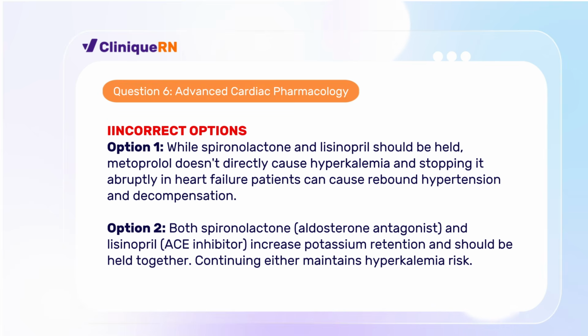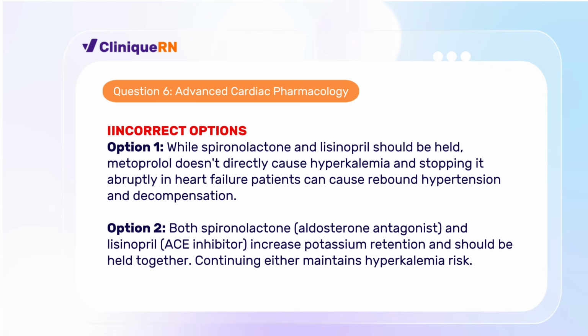Why are other options incorrect? Option 1. While spironolactone and lisinopril should be held, metoprolol doesn't directly cause hyperkalemia, and stopping it abruptly in heart failure patients can cause rebound hypertension and decompensation. Option 2.